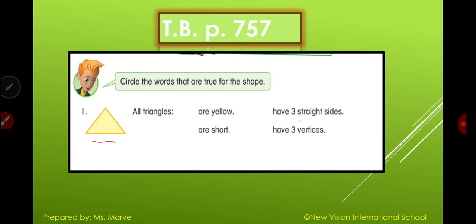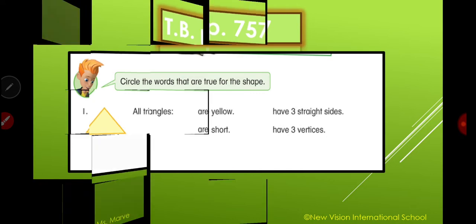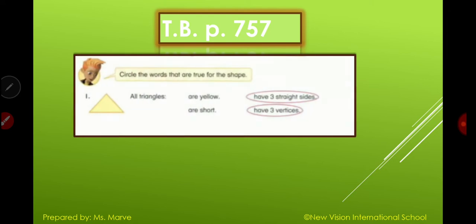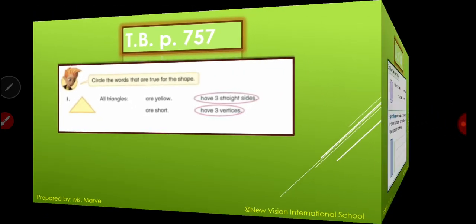Does it have 3 straight sides or 3 vertices? You can circle the correct answer. I'll give you some seconds for that. Start. Very good. Now, let's check our answers. Are your answers correct? Good job.